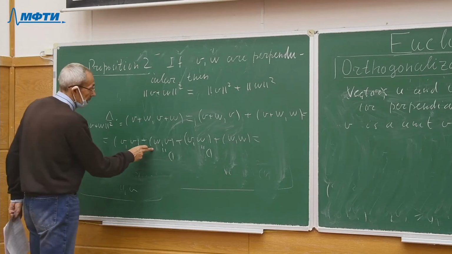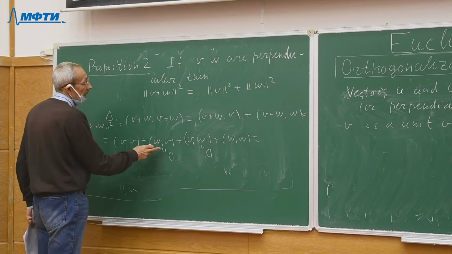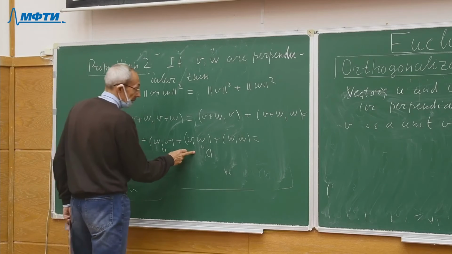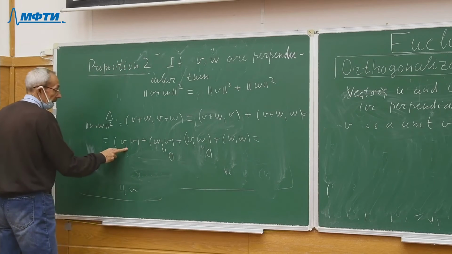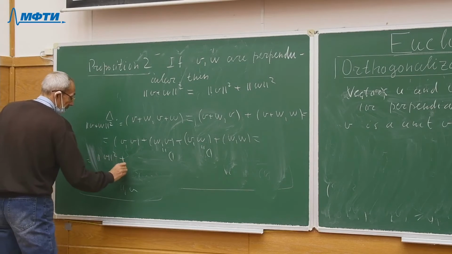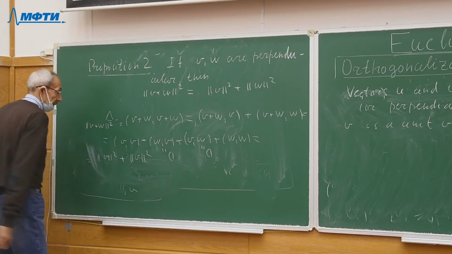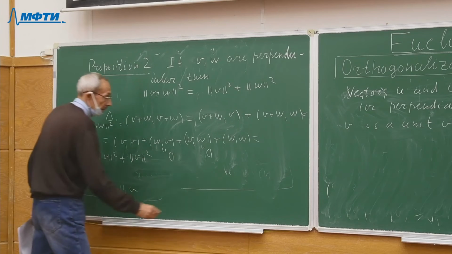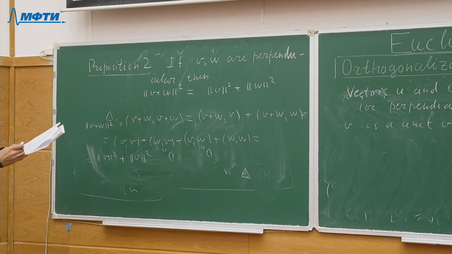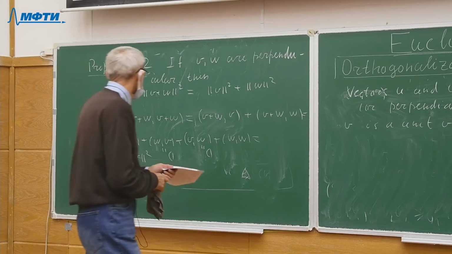But vectors v and w are perpendicular, and it means that their scalar product is equal to 0, and the scalar square of each vector is equal to the square of its norm. And this proposition is proved.